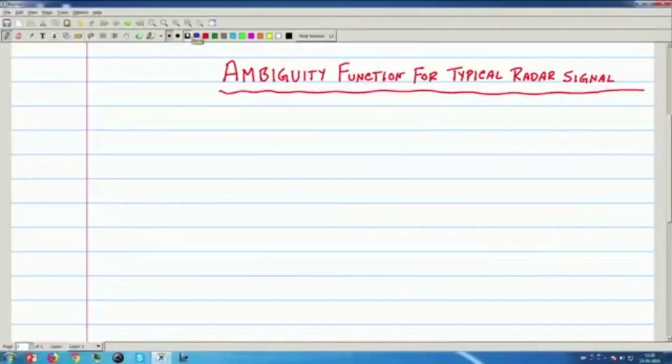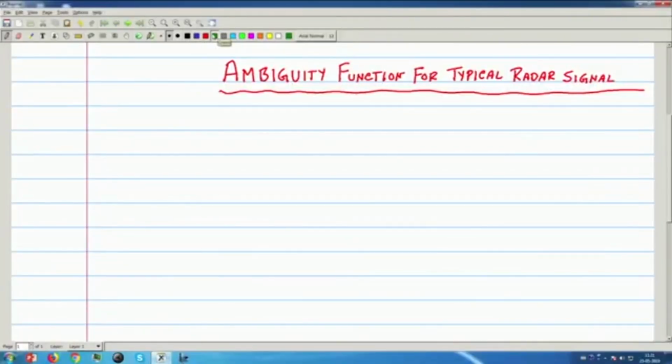We were discussing the ambiguity function. We have seen the theoretical derivations for ambiguity function, and today we will see ambiguity function for some typical radar signals, and then we will see the concept of the delay resolution and the Doppler resolution fully.